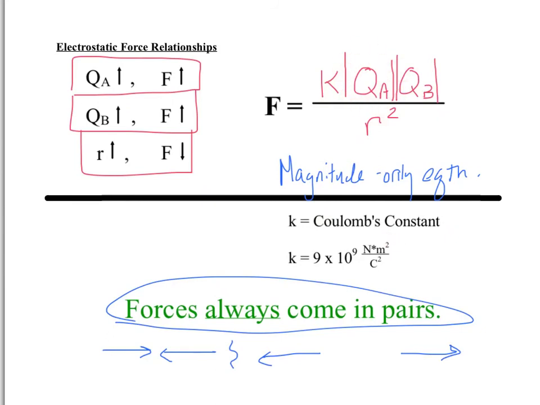The Q value is always going to be in coulombs. We're going to use coulombs for both of them. So my charges are measured in coulombs. And with the K value that we have here, that's going to cause my resulting value to become a force using newtons. So meters, coulombs, and then that creates a force value of newtons.